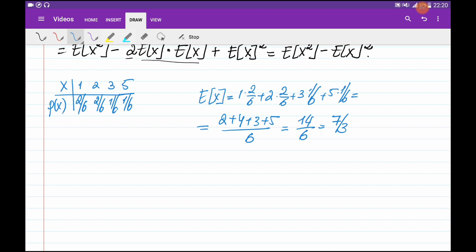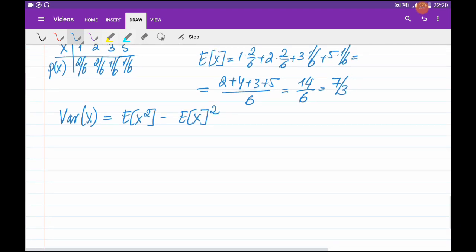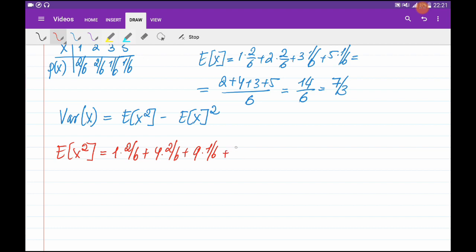Now let's say I would like to calculate the variance of this random variable as well. I would like to calculate this using the formula E of x squared minus E of x, squared. So we also need to evaluate E of x squared. This will be equal to 1 multiplied by 2 over 6, plus 4 multiplied by 2 over 6, plus 9 multiplied by 1 over 6, plus 25 multiplied by 1 over 6.